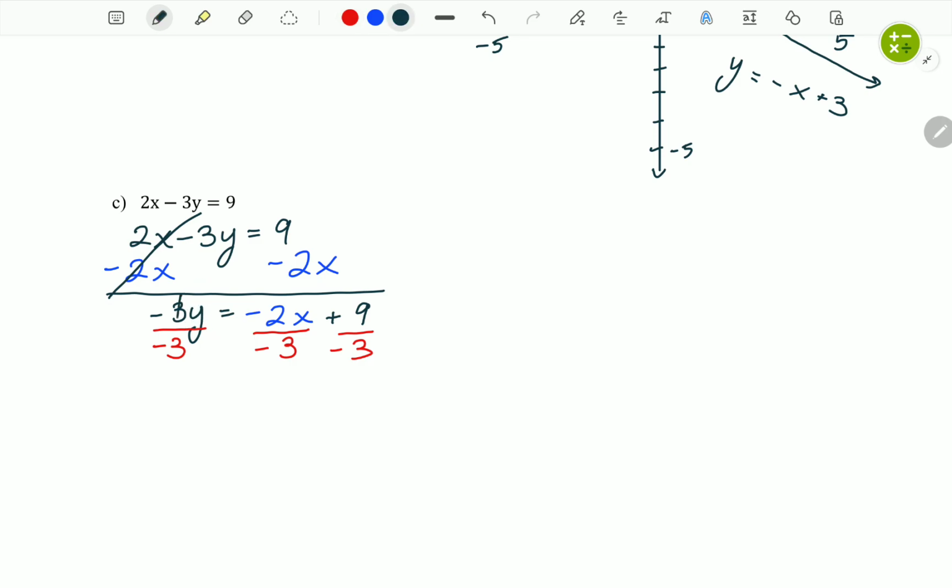The negative 3s simplify each other out, leaving us with y. Negative 2 divided by negative 3, we can't really simplify that. However, a negative divided by a negative makes a positive. So this will be positive 2/3 x. Positive 9 divided by negative 3, that is negative 3.